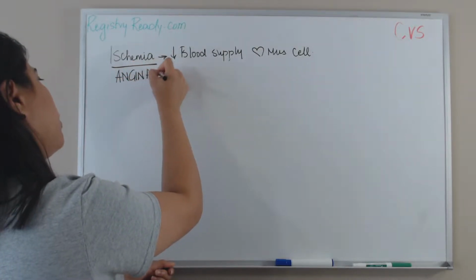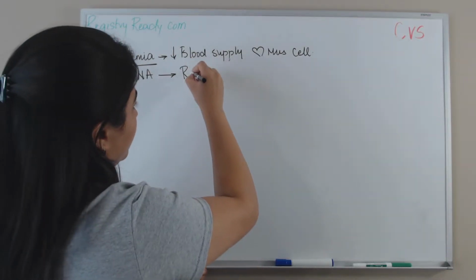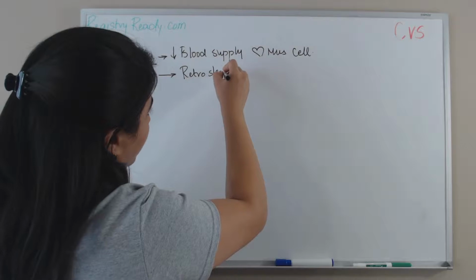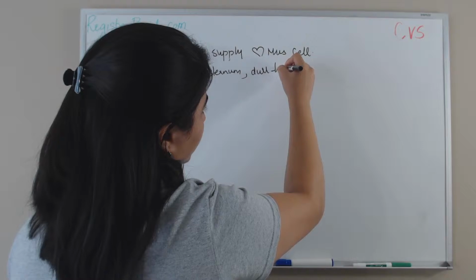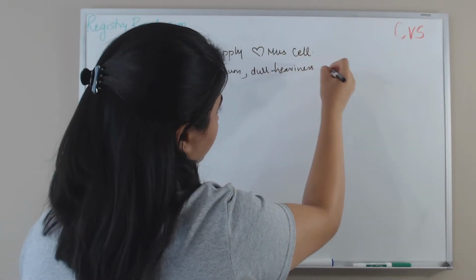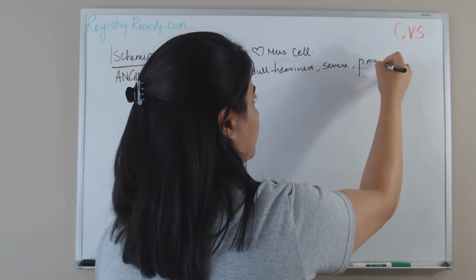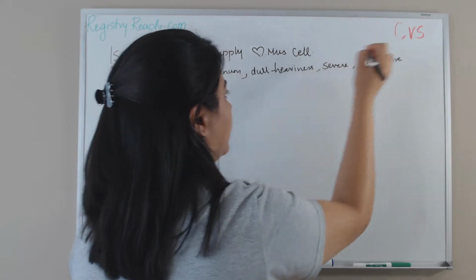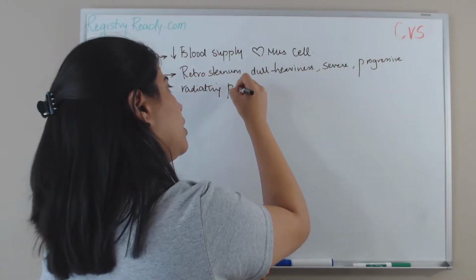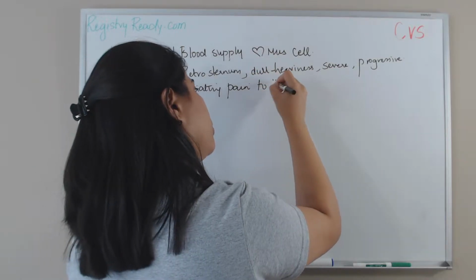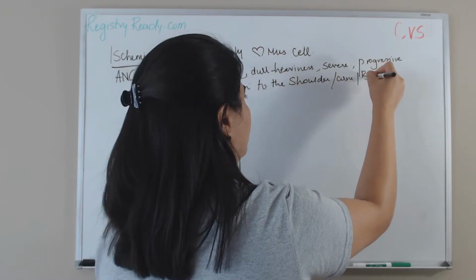It is typical of cardiac origin, in which the patient will describe the pain located retrosternum, describe it as a dull aching pain or a feeling of heaviness in the chest. It will be severe, progressive, and they can even describe radiating pain to the shoulder, arm, back or jaw.